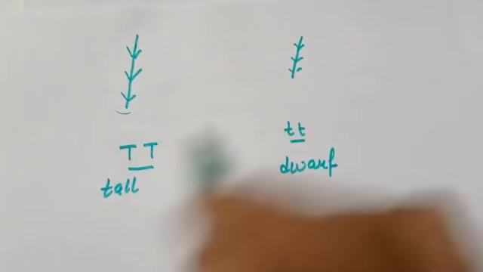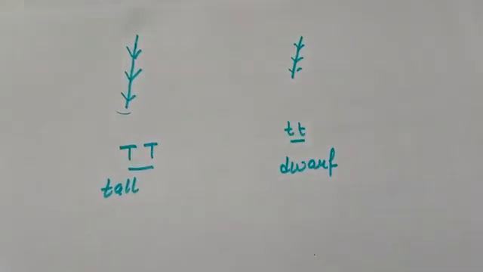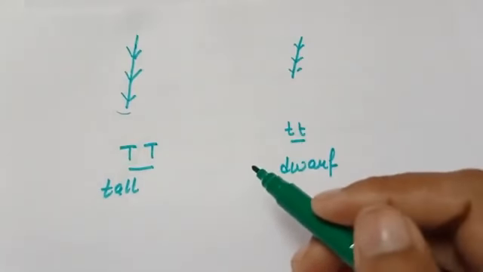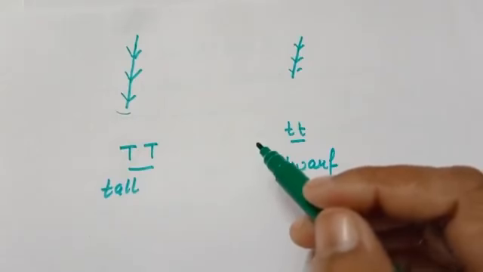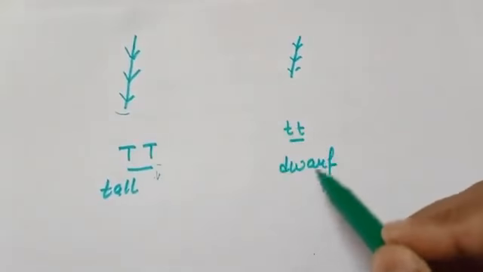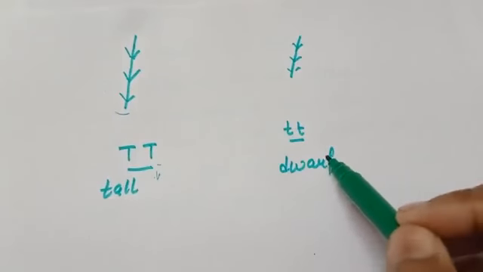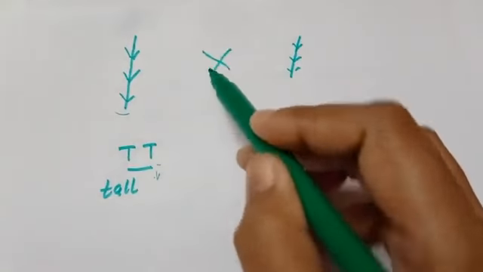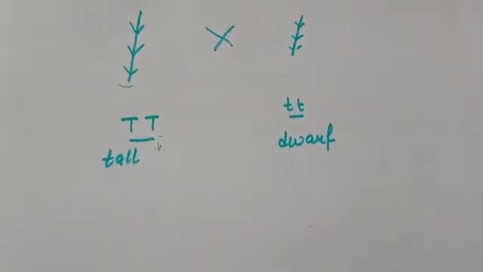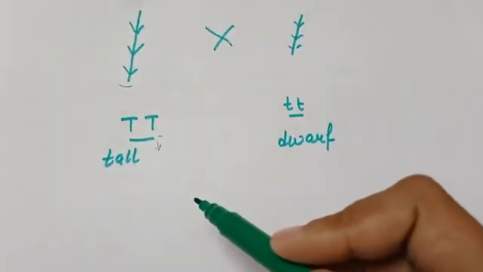So what did he do? He crossed a true-breeding tall plant with a true-breeding dwarf plant. When pollination between true tall and true dwarf happened, what are the possibilities?